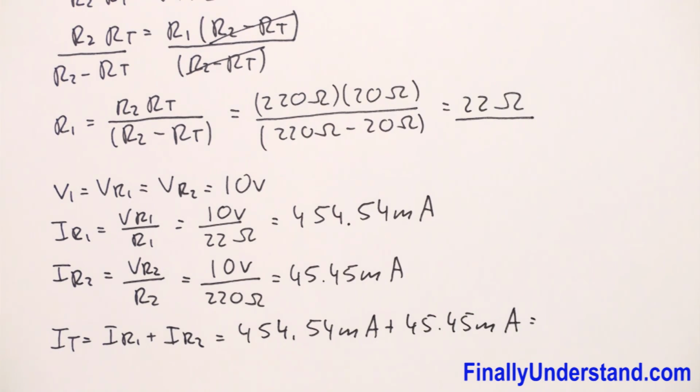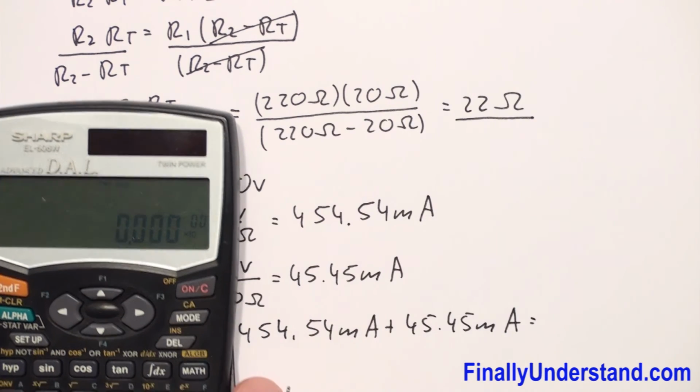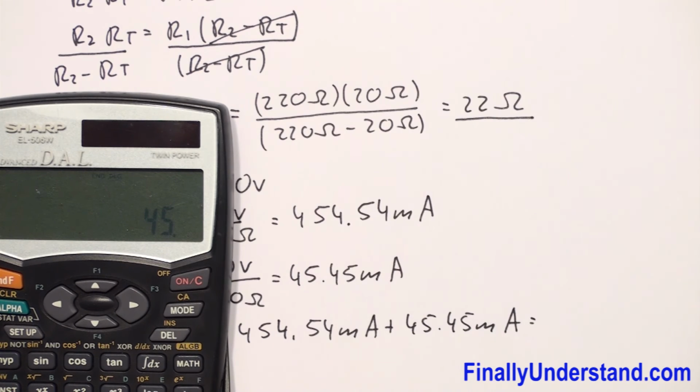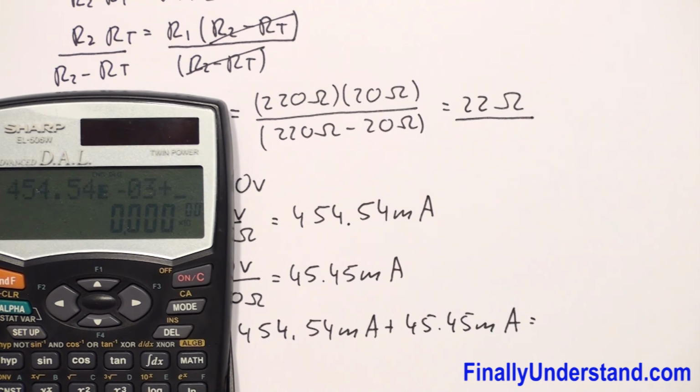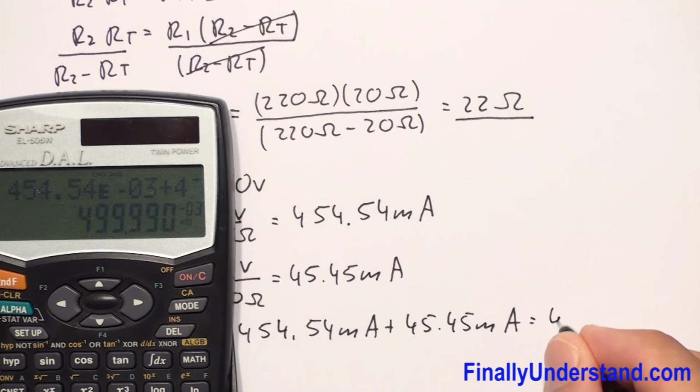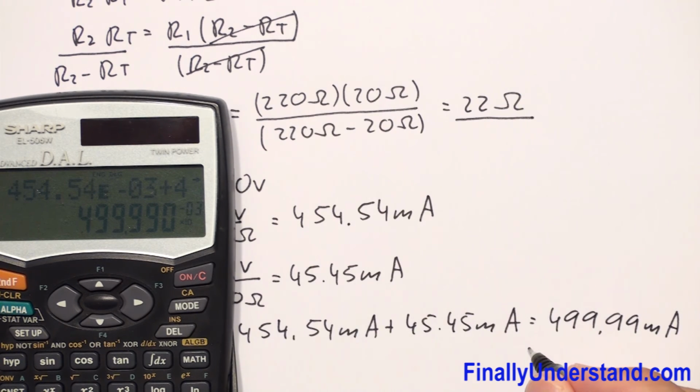On the calculator, I have 454.54 exponent negative 3 plus 45.45 exponent negative 3. This is equal to 499.99 milliamps, which is approximately 500 milliamps.